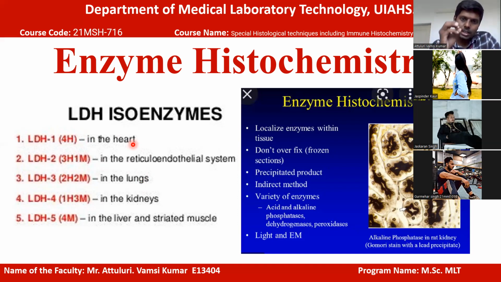We can understand the functional status of a particular organ by indirectly assessing the functional activity of the enzymes embedded within the tissue. As I stated, enzymes are specific in their locations: LDH1 in heart, 2 in reticuloendothelial system, 3 in lungs, 4 in kidneys, 5 in striated muscle.